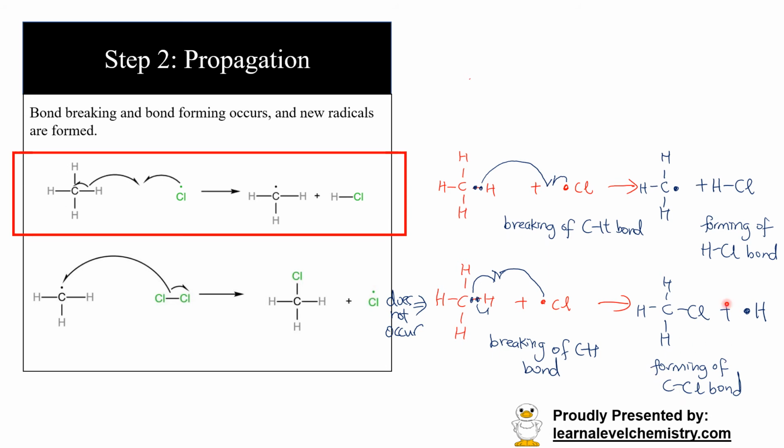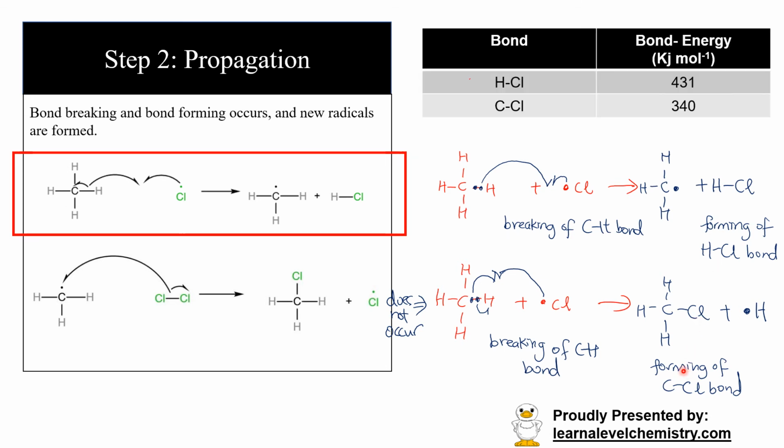So let's look at the difference in the HCl and the CCl bond in terms of bond energy. This is the bond energy detail that I have copied from your data booklet. From here, you notice that the HCl bond is stronger than the CCl bond. So more energy will be evolved if the HCl bond is formed as compared to if the CCl bond is formed.